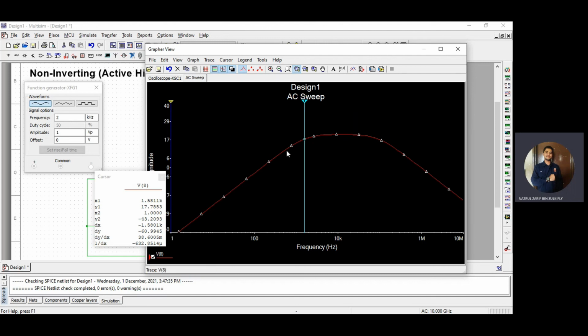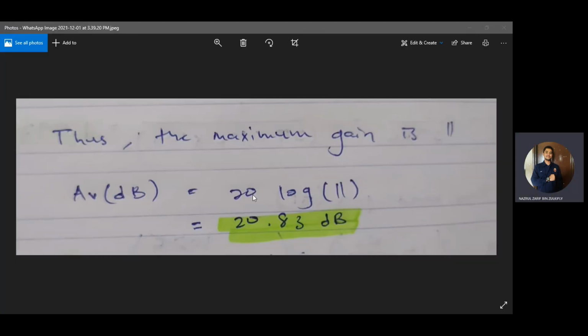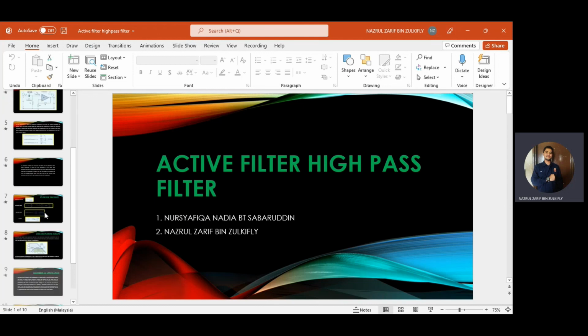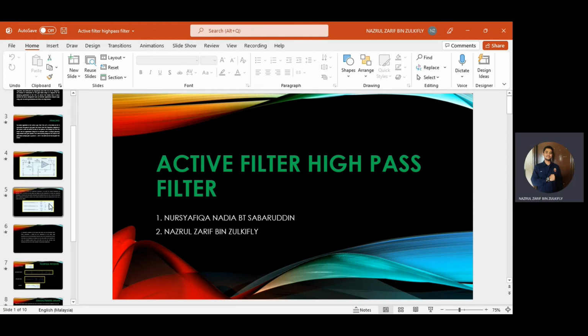So this is the simulation that we are trying to show. And this is also related to the one that we presented just now, which is on this part.